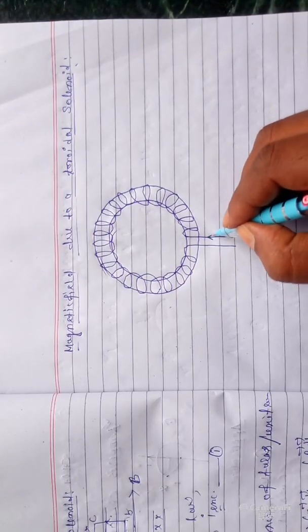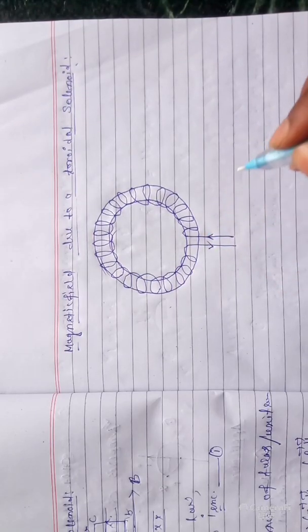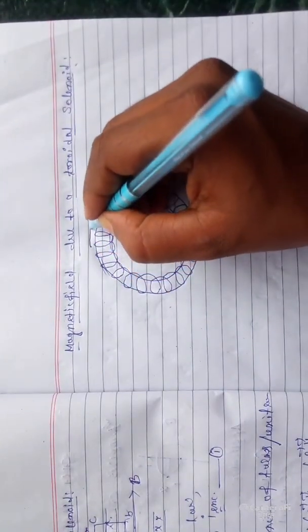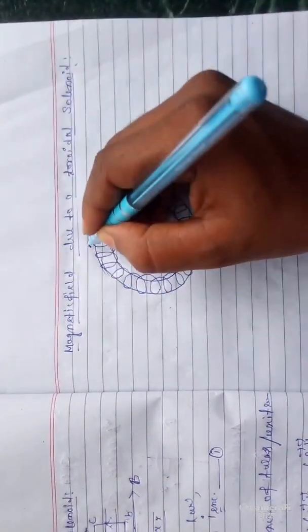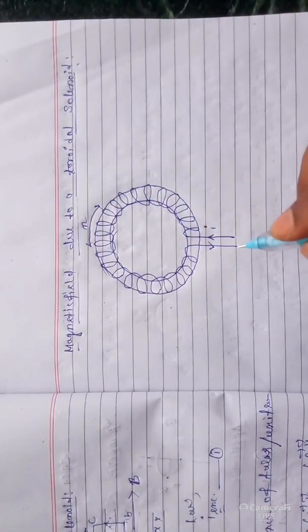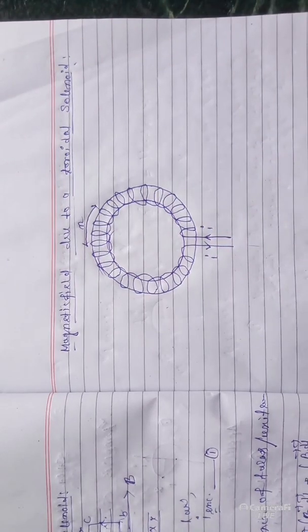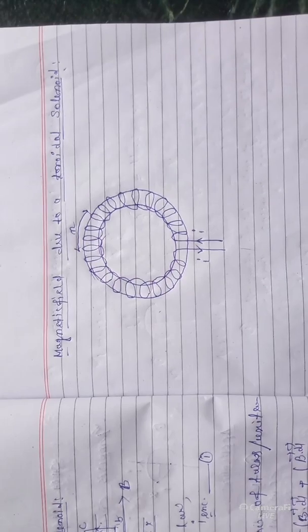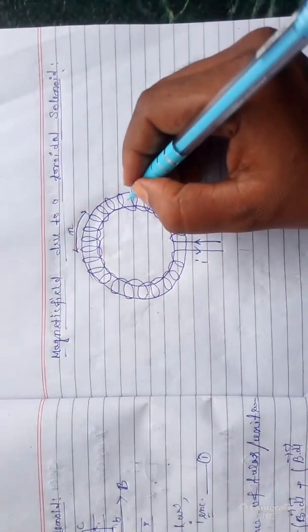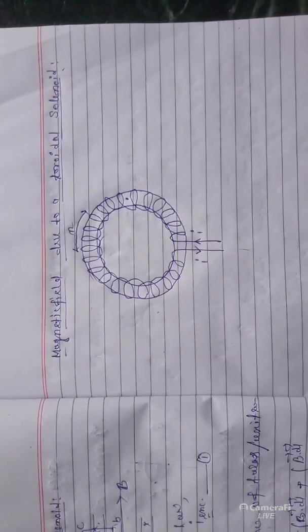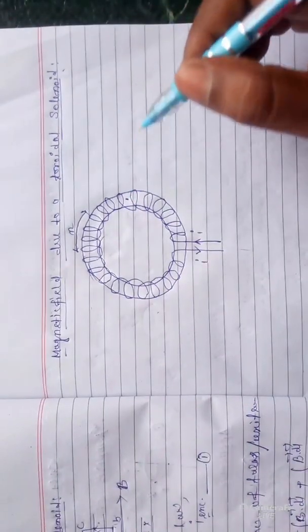Current is entering from this path and leaving from this path. Let small n be the number of turns per unit length, and I is the current flowing through it. Now to calculate the magnetic field inside this toroid, take any point over here. This is a point P, where we will find the magnetic field.